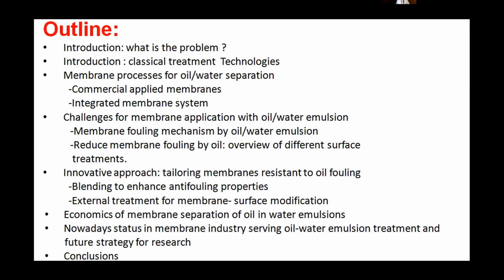And finally, we will go to the economics, and how membrane separation has an economic point of view to be used in this application. And finally, the status of membrane technology now serving in oil-water emulsion.